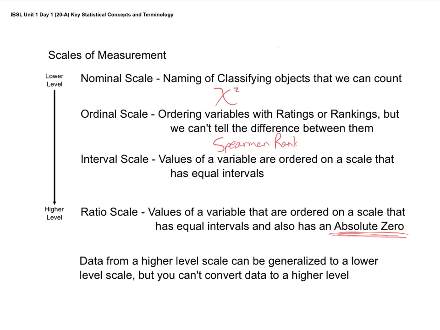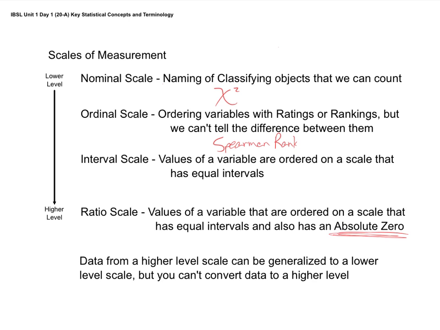Even though technically 0 Kelvin is considered absolute zero, theoretically there's no absolute zero to temperature. You could always get colder and colder, or hotter and hotter, so you can't make those comparisons.